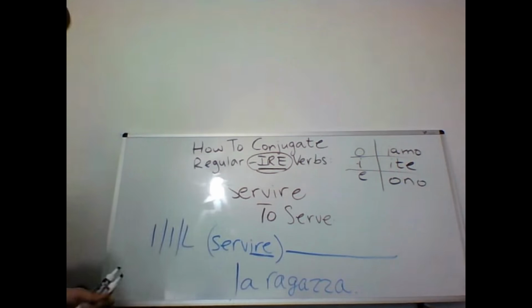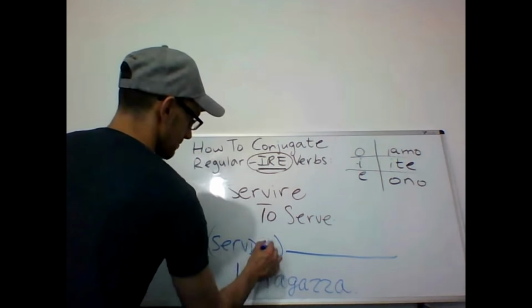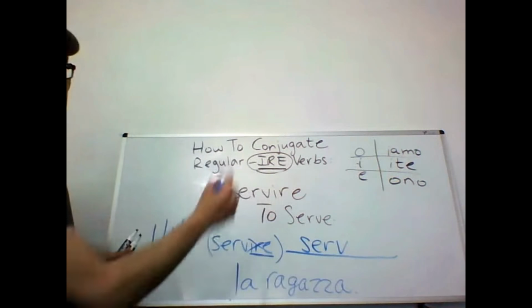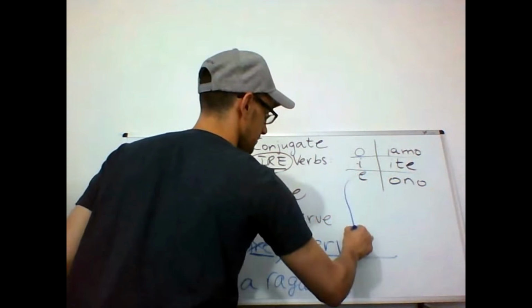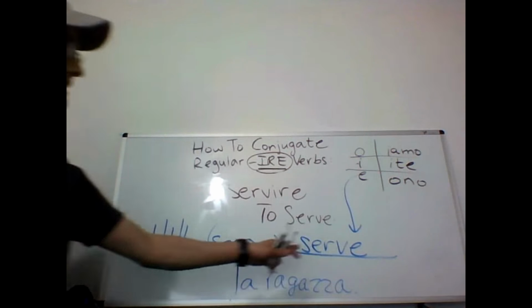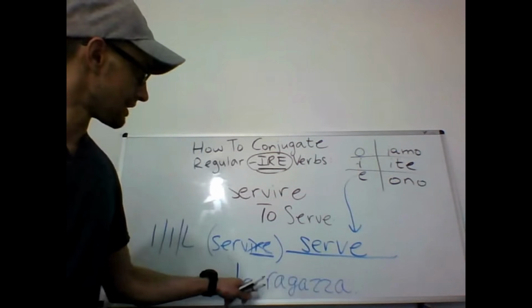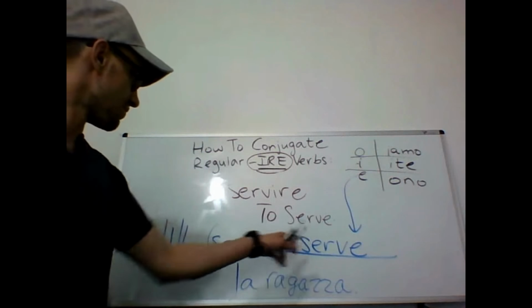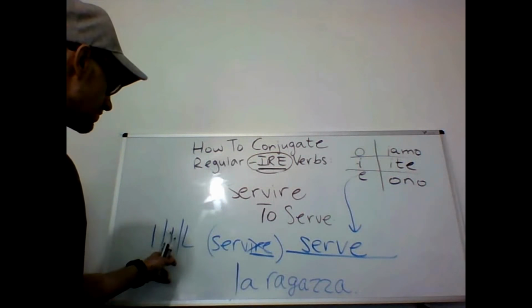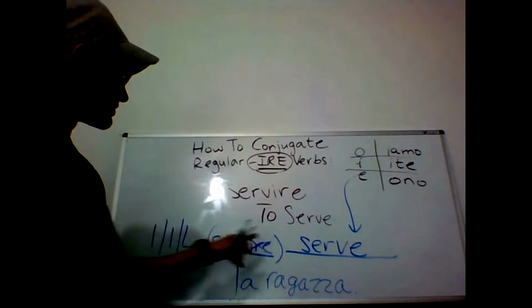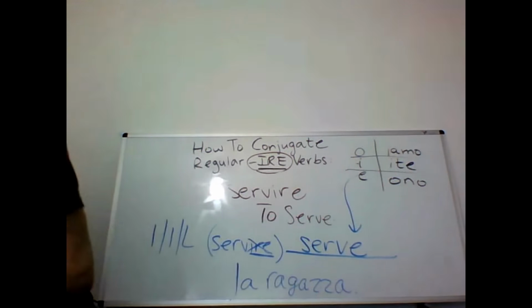IRE. Chop it off. Left with this. Look at the table. Oh, so it's going to go here. Done. Lui, lei serve la ragazza. Ragazza. He serves the girl. She serves the girl. You polite serves the girl. Okay?